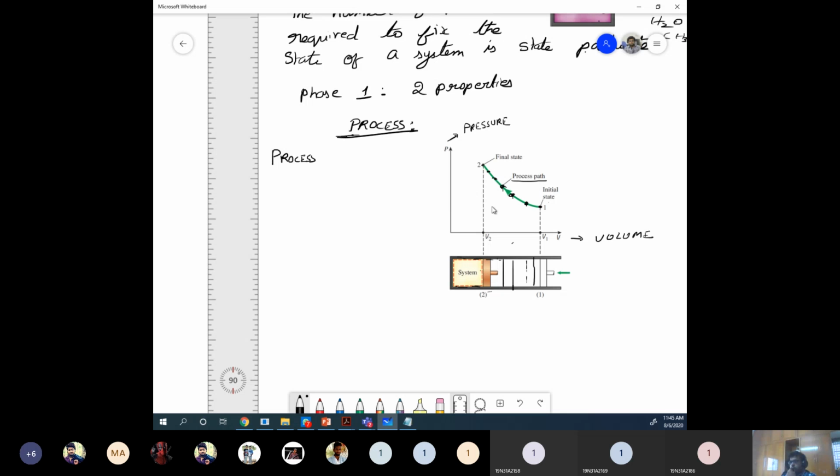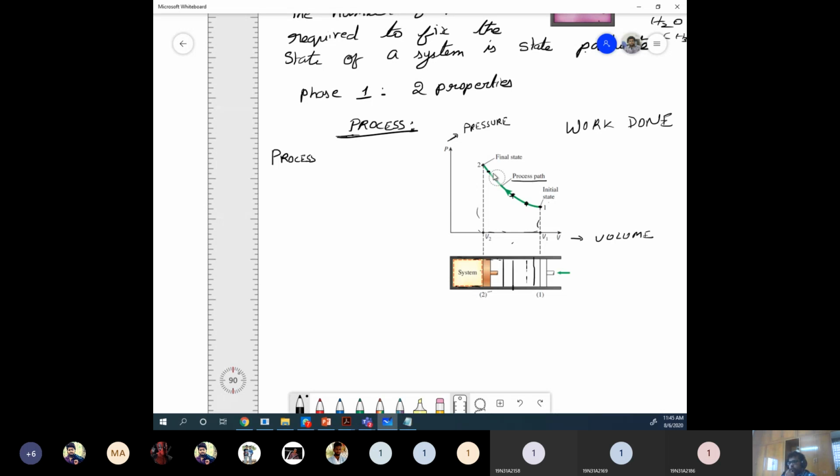Okay, so right now I should not be telling you, but still, why this plot is needed, I'll tell you. The reason why you make this pressure and volume plot is that with this plot you can measure how much work has been done. The area under this curve will give you work done. So that is why this is very widely used in thermodynamics.